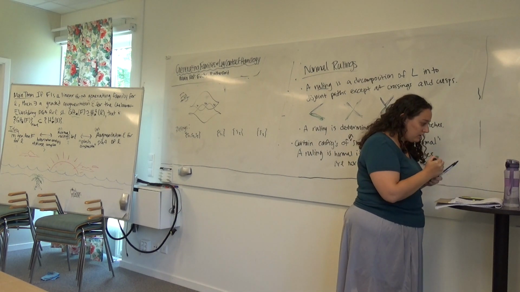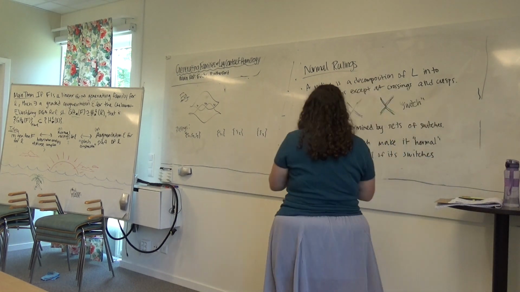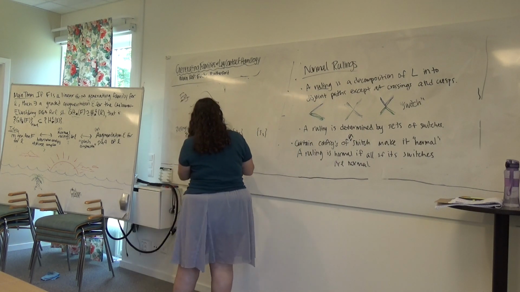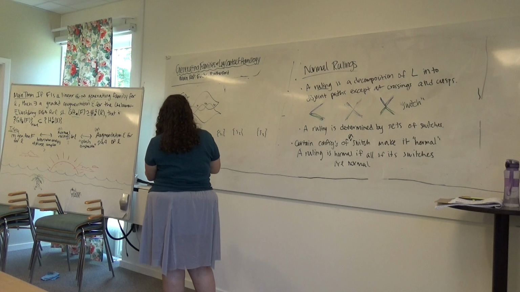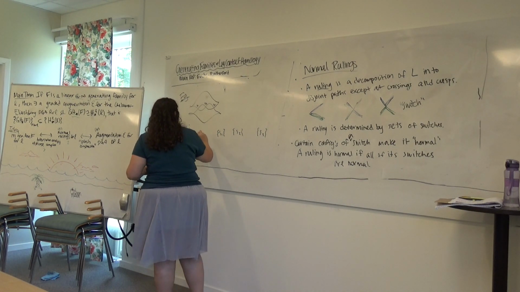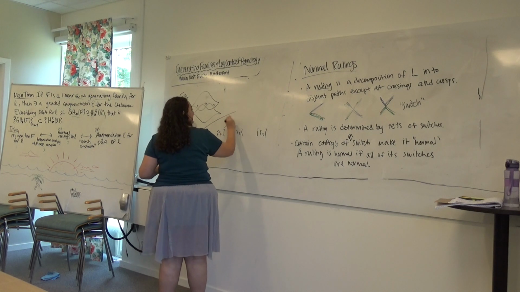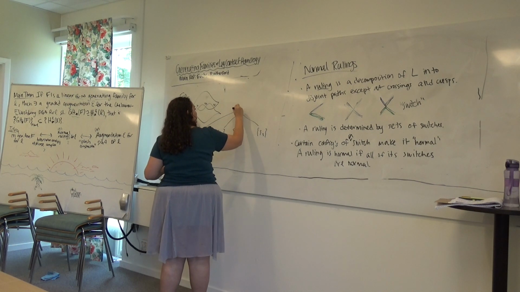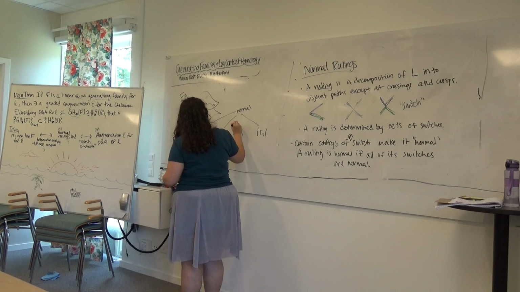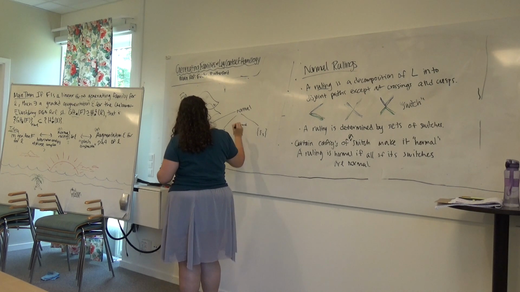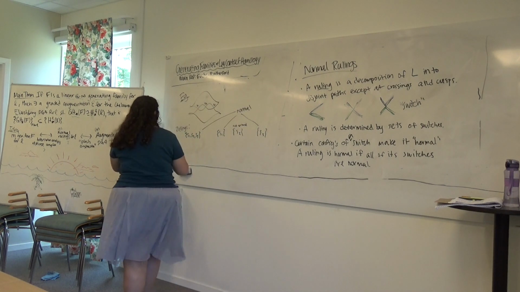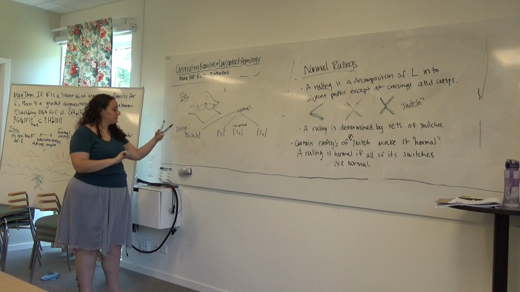So what does this look like? I claim that these three are normal, and this one is not normal. What does your notation mean? It's whether or not there's a switch at this crossing.